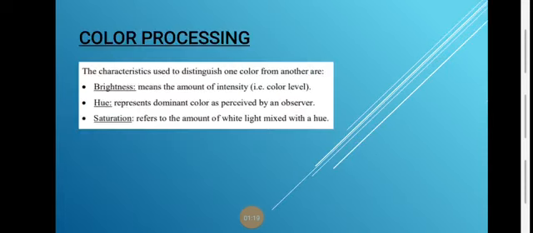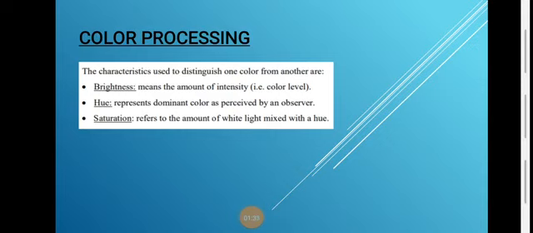What are the main parameters of color image processing? The first one is brightness, the second is hue, and the third is saturation. Brightness is the amount of intensity of light that falls on a particular object.